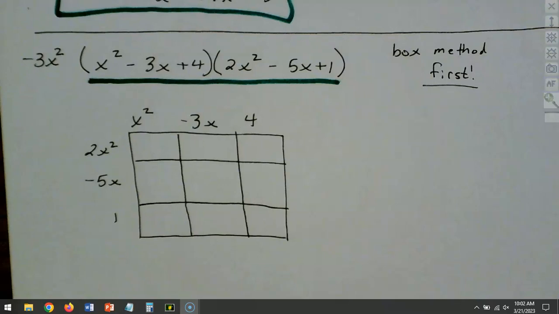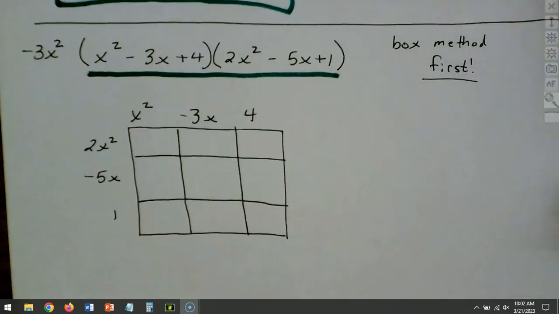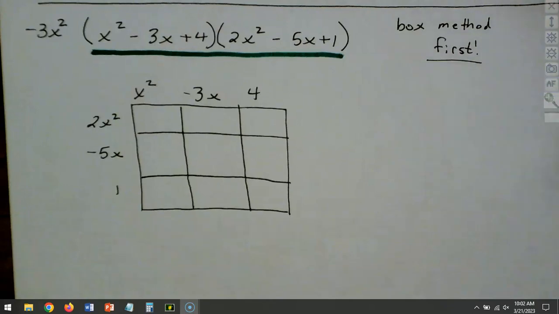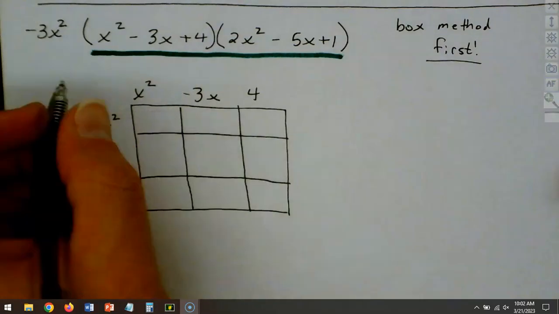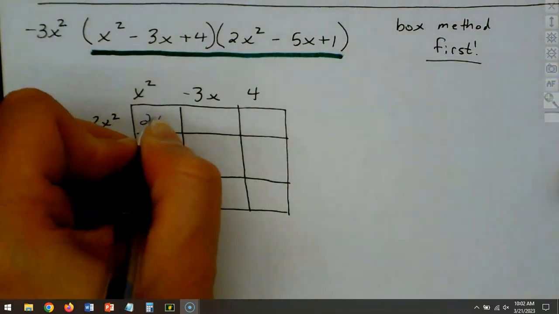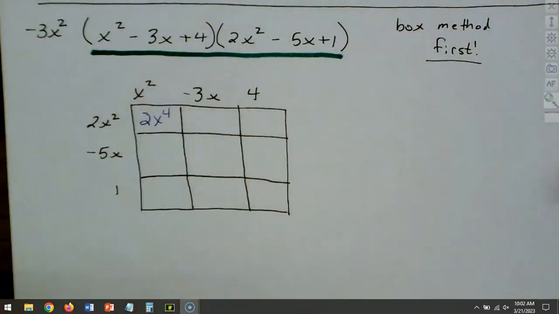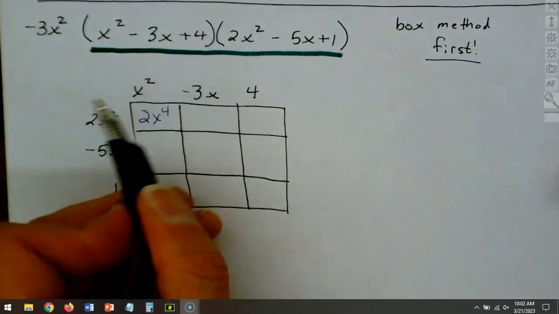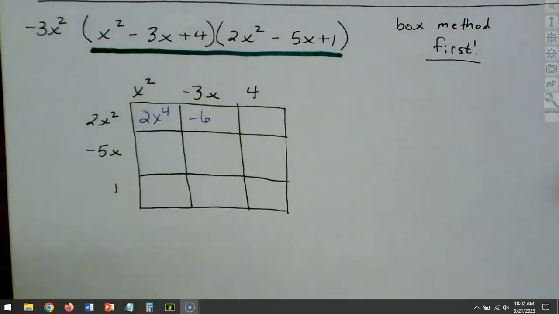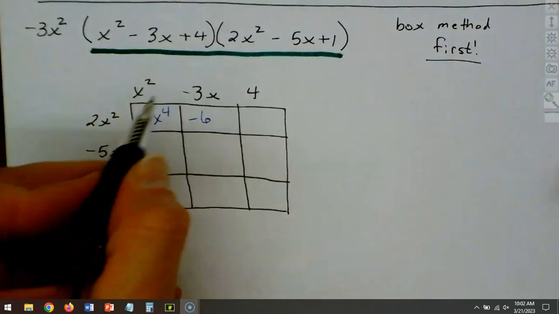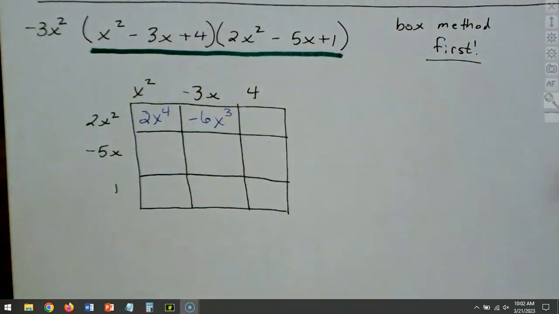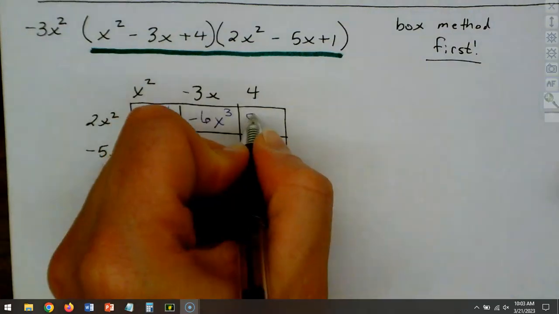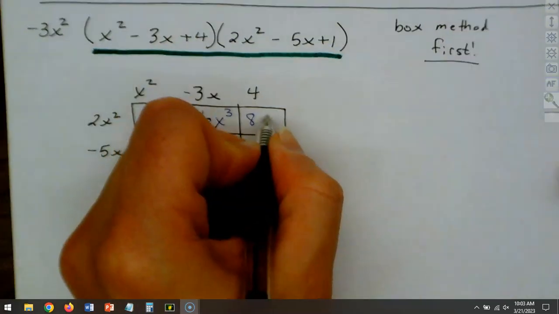Now we just fill it in by multiplying. So 2x squared times another x squared, that makes it a 2x to the 4th power. 2 times negative 3, that makes it a negative 6. X squared and another x, that makes it x cubed. 2 times 4, that makes it an 8, x squared there.